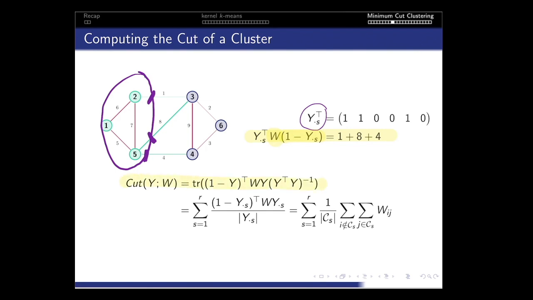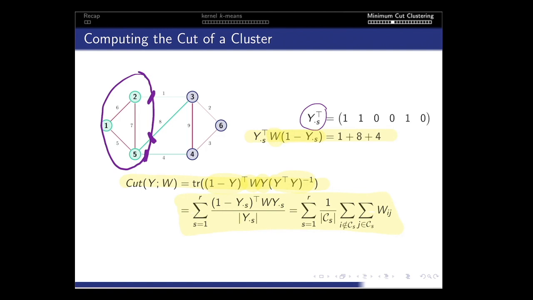So here we have then the trace from all the points which are not in the cluster times the similarity matrix W times the indicator matrix of each cluster. And then we normalize again here with the number of points within one cluster by this Y transpose times Y. And then again, we can compute this also by means of our representation of clusters by sets.